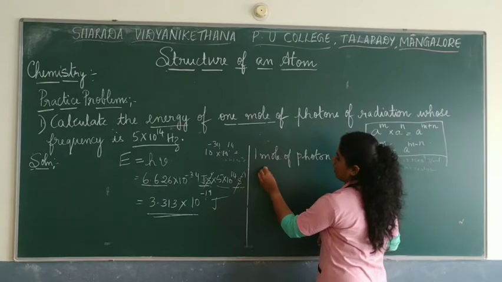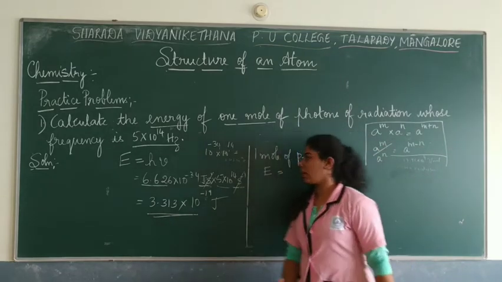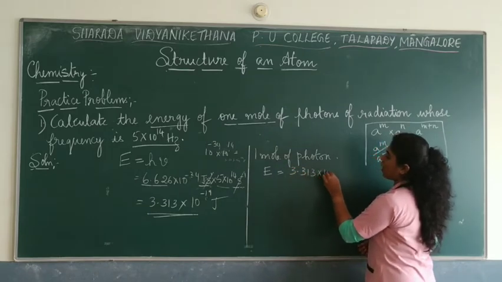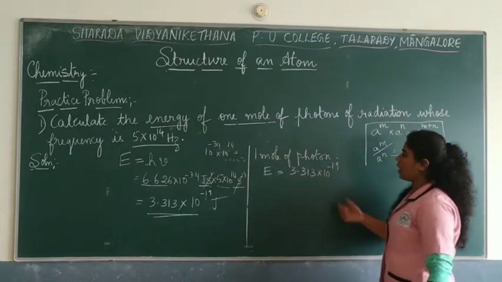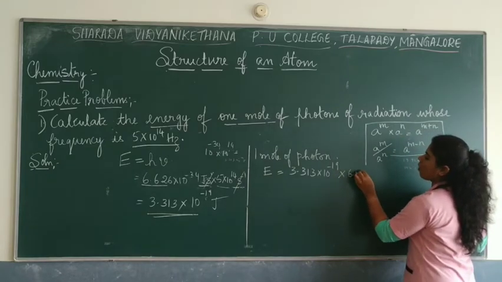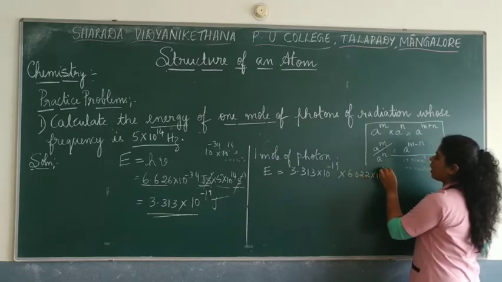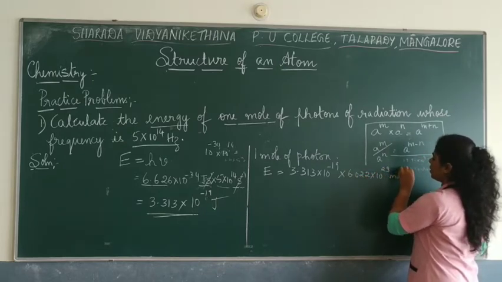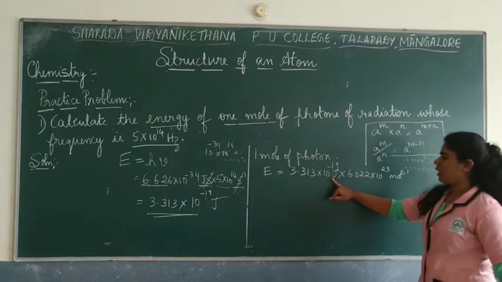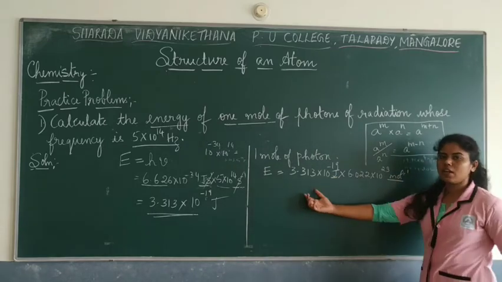So same way, E is equal to this value we have already got, 3.313 into 10 to the power minus 19, into 1 mole, which means you multiply by 6.022 into 10 to the power 23 mole inverse. This is mole inverse and this is joules. Correct? Here are the units, here are the values.